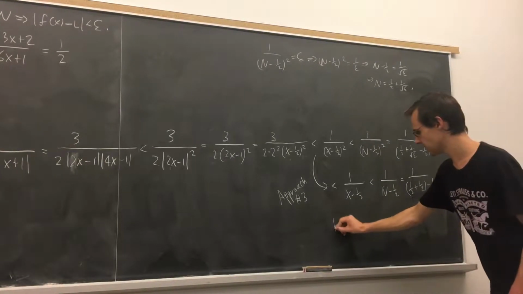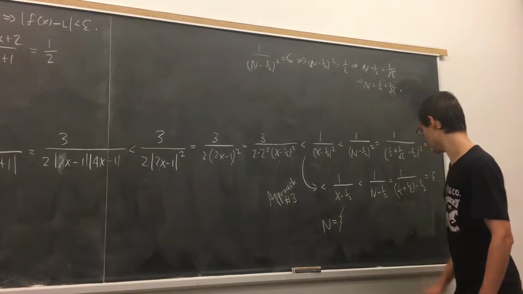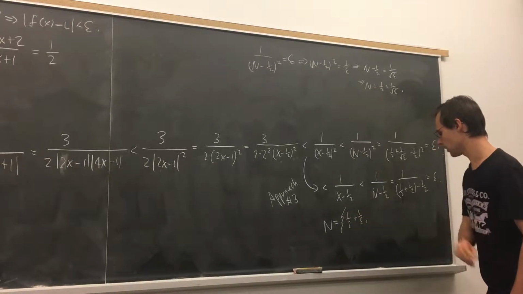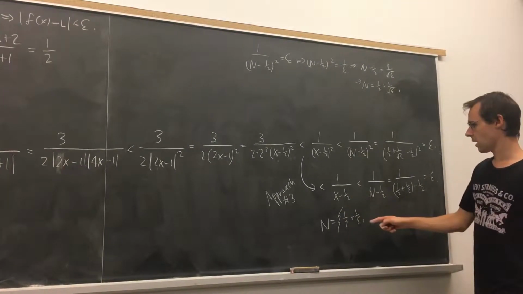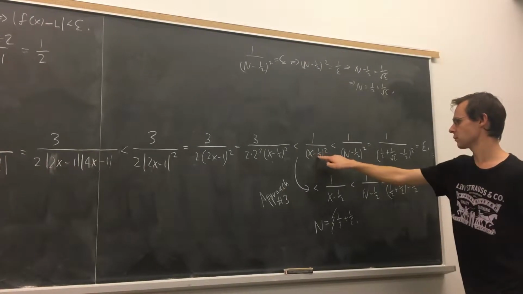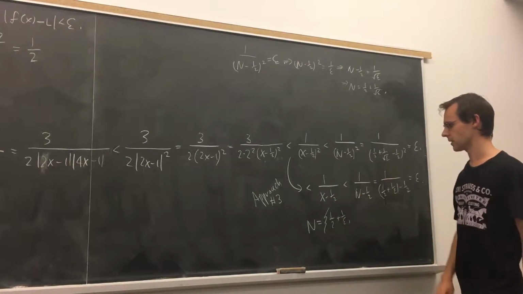But now, in this case, we'd need n to be a maximum of something. Of what? Well, we definitely need the half plus 1 over epsilon. But what else we'd need is to make sure that the x's are big enough so that x minus a half squared is in fact larger than x minus a half.